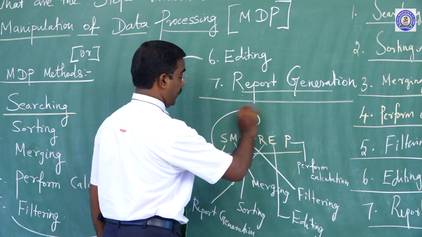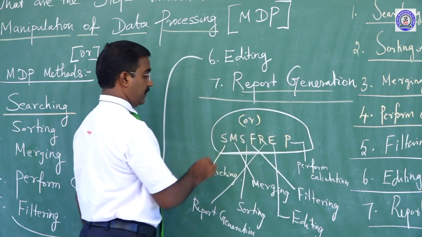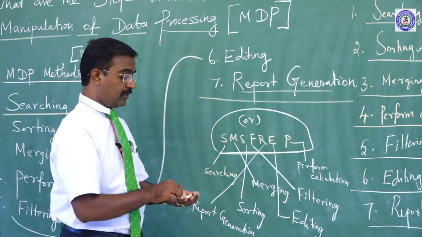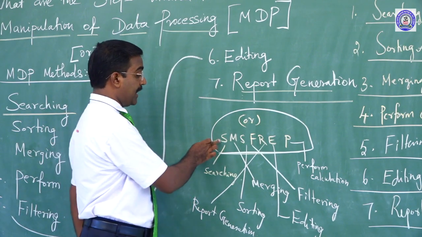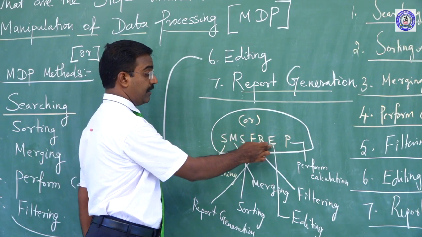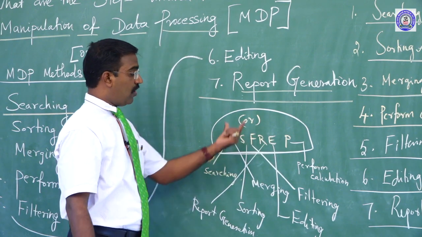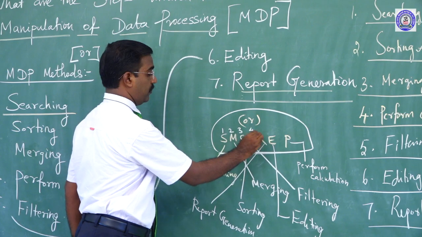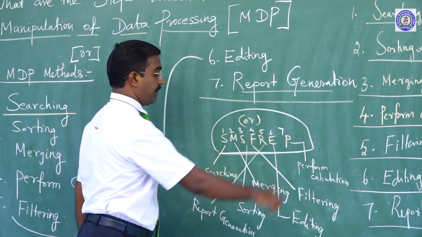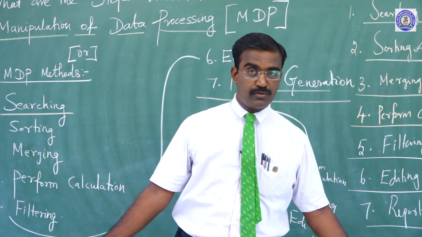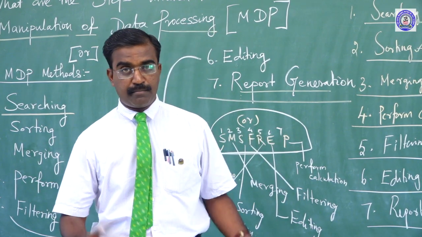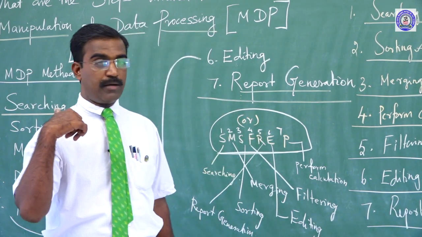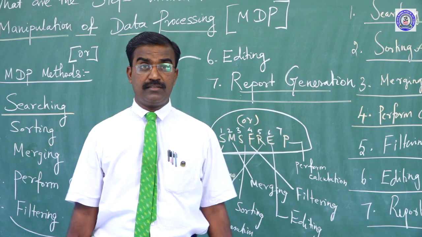This is simply kept in mind. We maintain a formula, SMS free paisa, and all the steps are kept in mind easily. So these are the 7 steps. I think you understand well this manipulation of database methods.